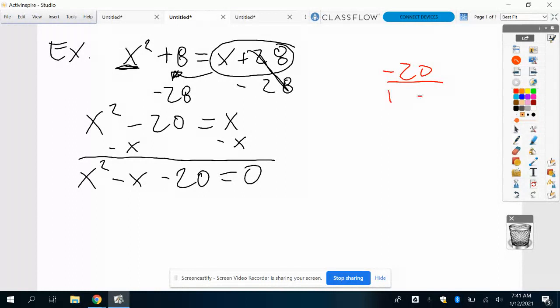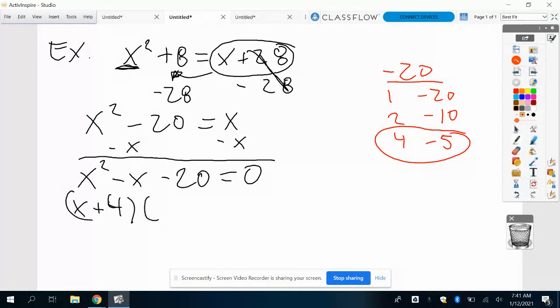So we've got 1, negative 20, 2, negative 10, 3 can't go into 20, 4, and negative 5, and those are the ones we want to use. So our factors are x plus 4 and x minus 5 equals 0.